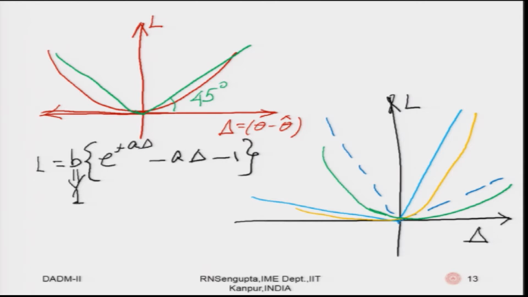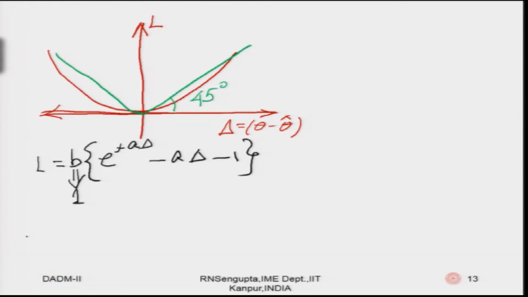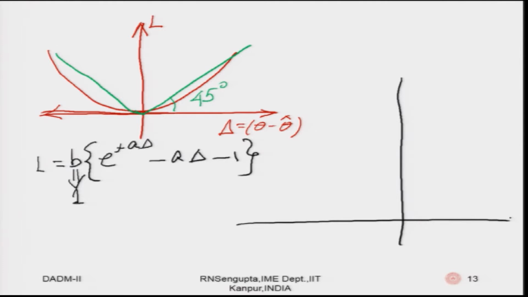So, when we consider the theta value as positive, let me erase it. So, this is the axis, and this is delta L, and if I am considering here A as positive, remember this is one case scenario.